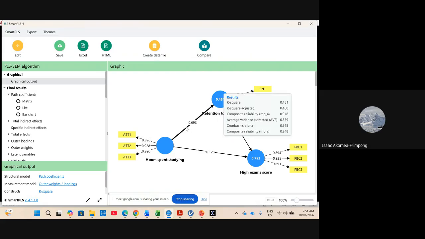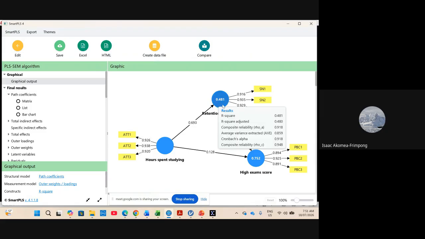The numbers on the arrows, they are called the path coefficient. They are showing the relationship between the constructs. So we recommend that here we don't have any threshold, but the higher the number, the better. For example, if you take these two, this is 0.693, this is 0.7.